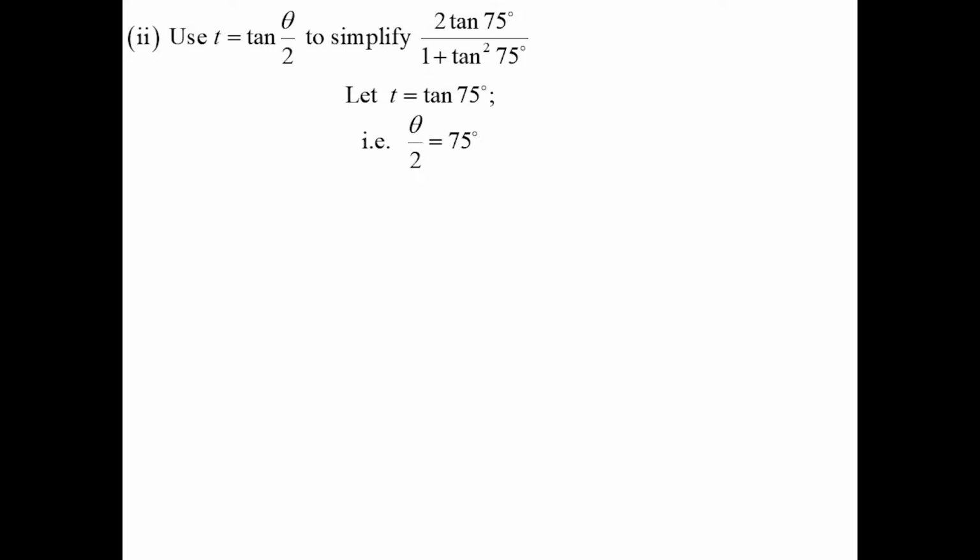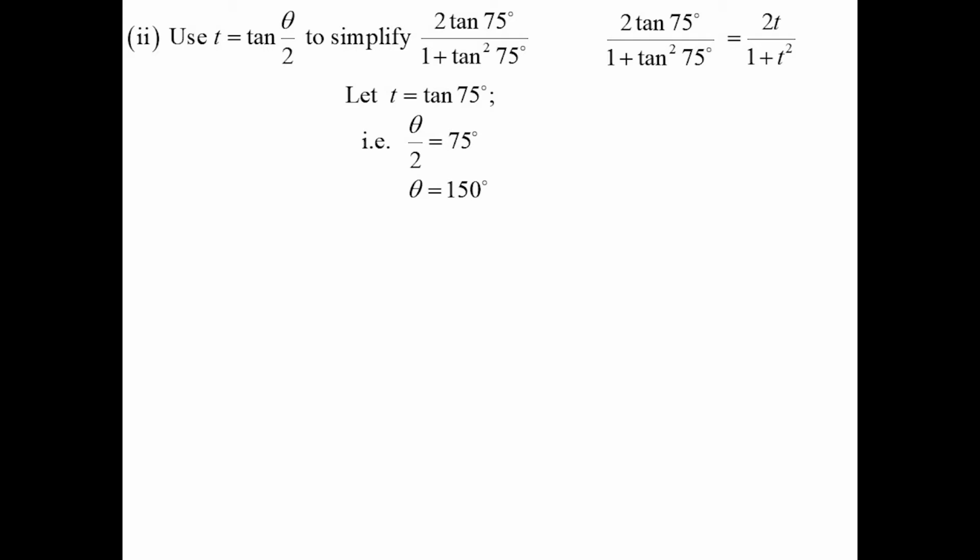So if I let t be tan 75, in other words, theta is going to be 150 degrees, double the 75. Okay, so 2 tan 75 on 1 plus tan squared 75 will become 2t on 1 plus t squared. And that is one of our t results. It's not a double angle result, but it is a t result.